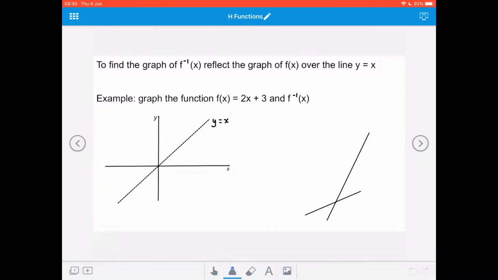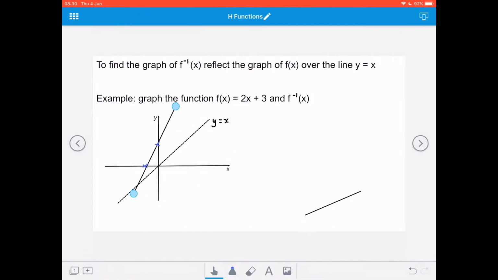So we need to find the intercepts on our x and y axes. So by making x equals 0, we can get our y-intercept of 3. And if we make f of x equals 0, then we're going to get an x-intercept of negative 3 over 2, or negative 1.5.